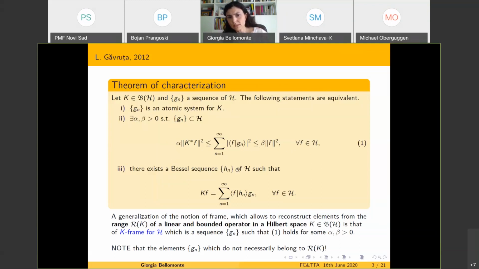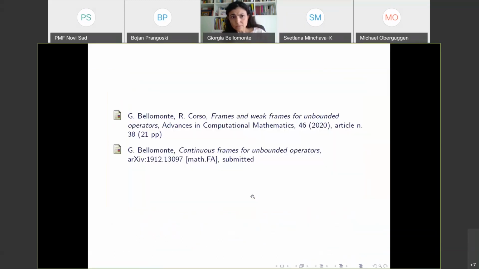There exists a Bessel sequence such that the range of K can be reconstructed this way. What is interesting about this possibility is that the elements in the reconstruction of the range of K do not necessarily belong to the range of K.